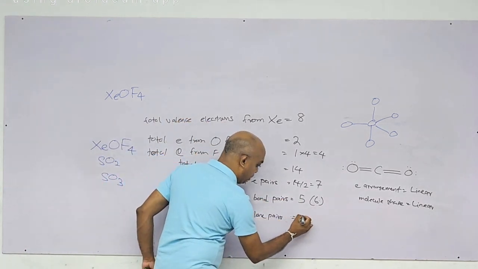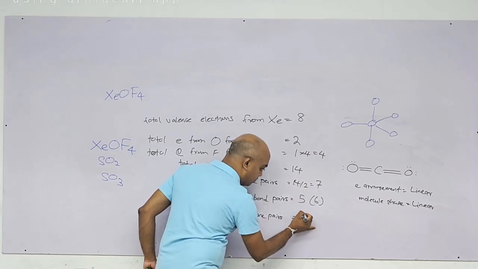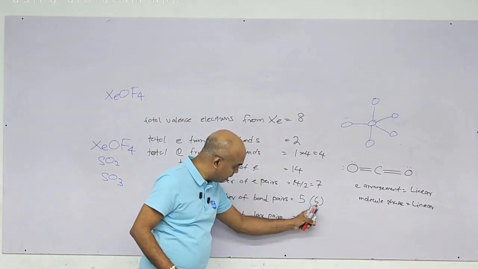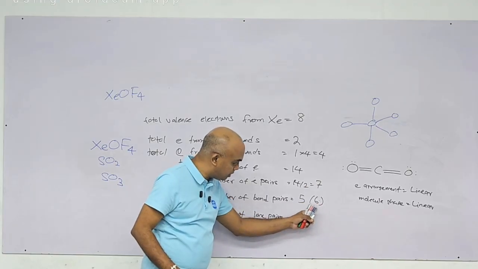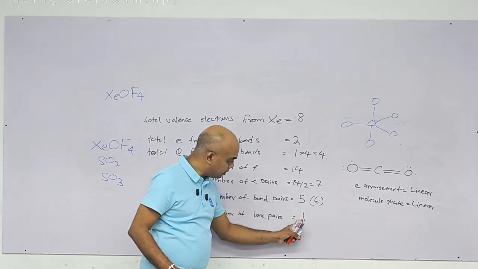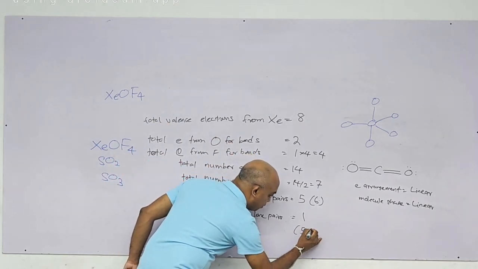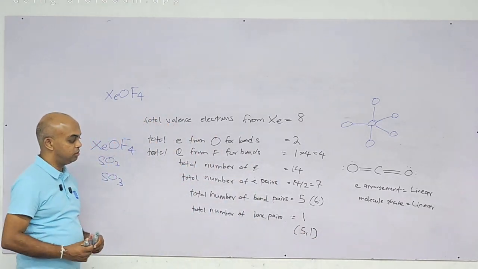Total number of lone pairs, 7 minus 6, that is 1. So it is 5, 1.